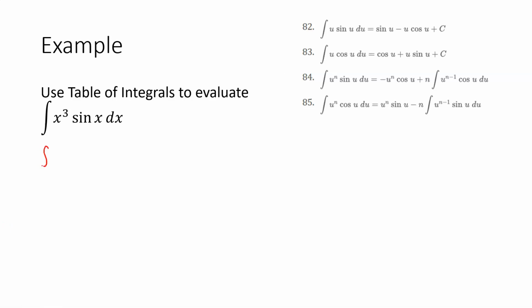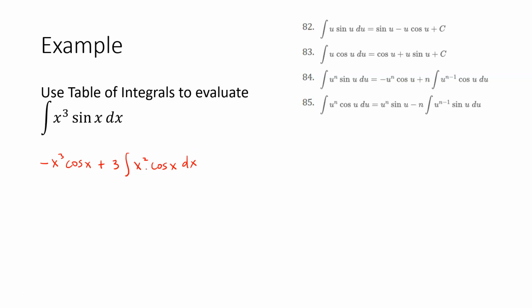Right, so here using that formula 84 with n equals 3. So n equals 3 here. We'll have negative x cubed cosine x plus 3 times the integral of x squared cosine x dx. Okay, and then this integral would be in the form that's in 85, but with n equal to 2.